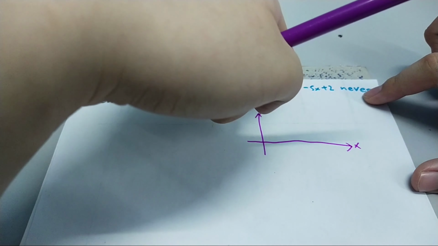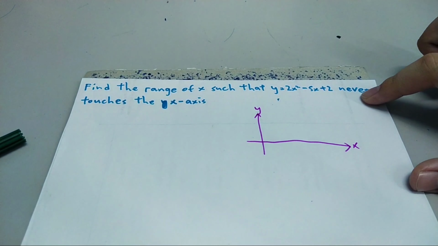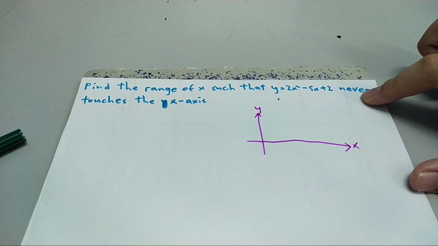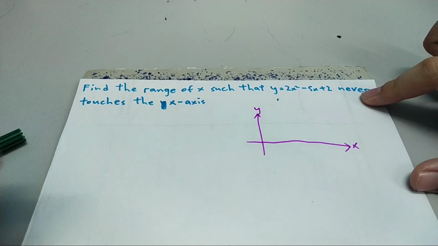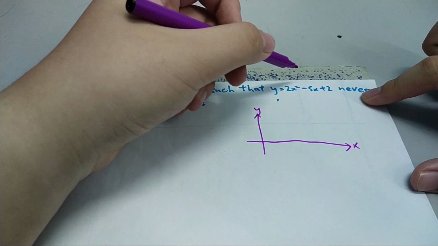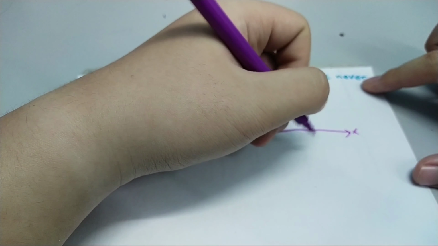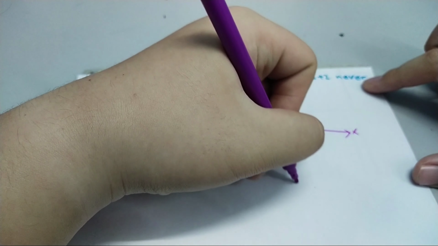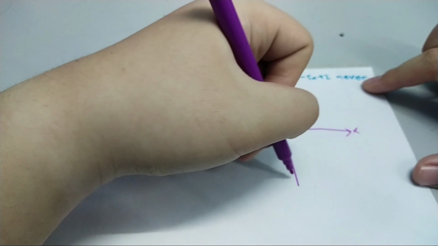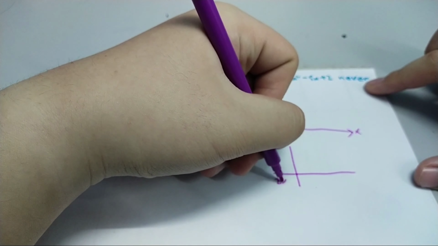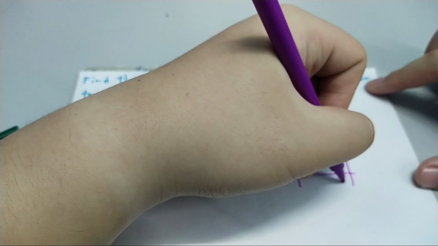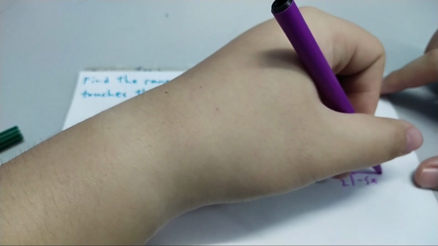Since the coefficient of x squared is positive, we will get a U shape, and our next step is to find the roots. How do we find the roots? Can we factorize this? Let's factorize it. We have 2x squared, then 2, and then negative 5x.